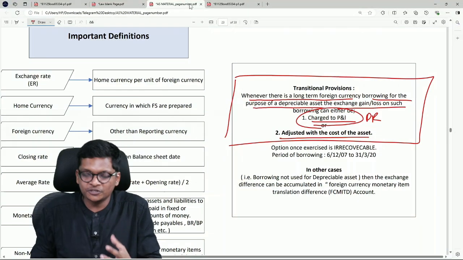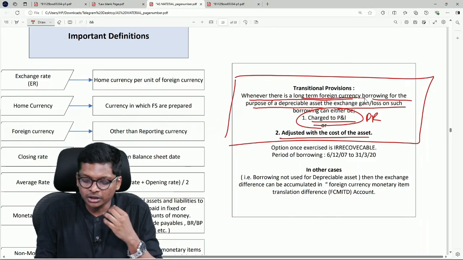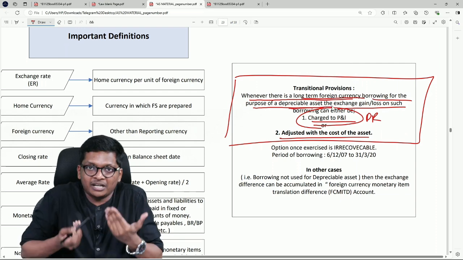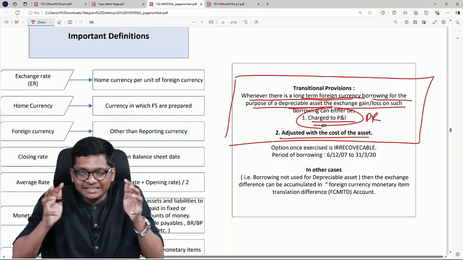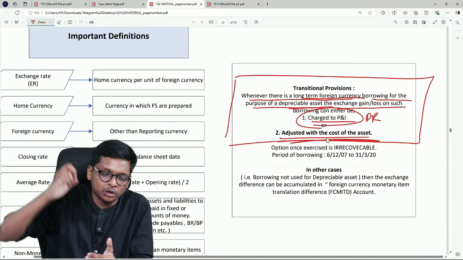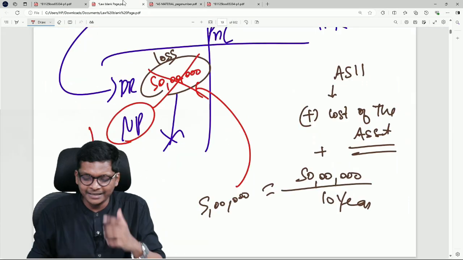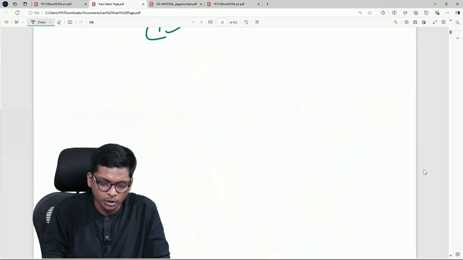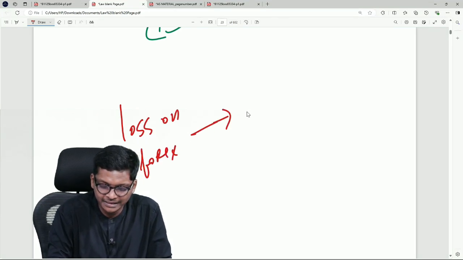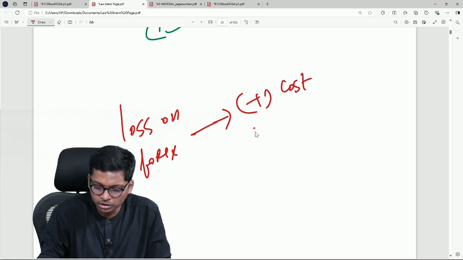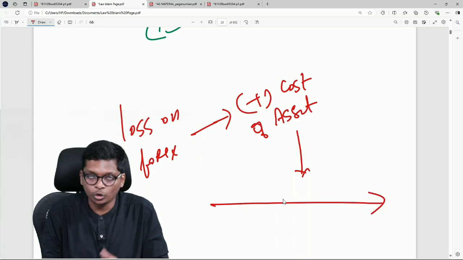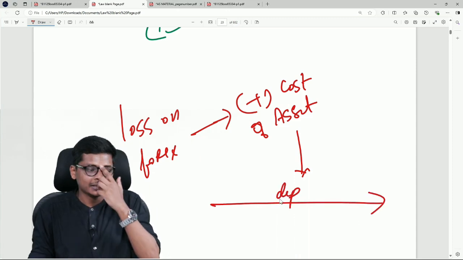That is the option given where there is a long term foreign currency borrowing used for a depreciable asset: amortize the loss over the life of the asset by adding that loss to the cost of the asset. I am again repeating guys, the conclusion is: the loss on forex can be added to the cost of the asset, therefore this will be amortized over the life of the asset along with depreciation.